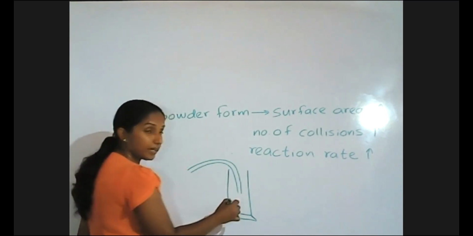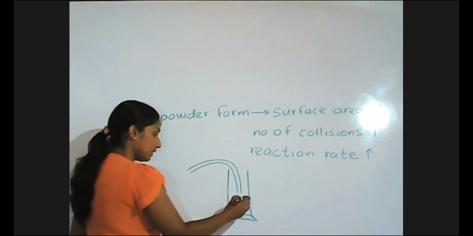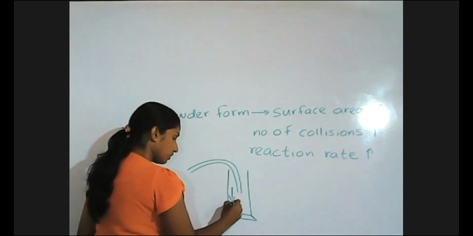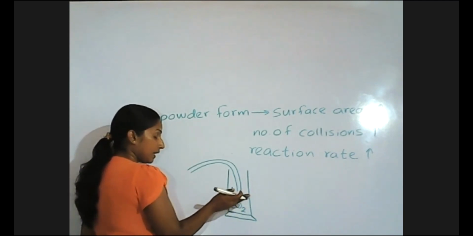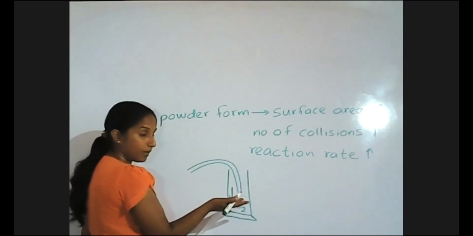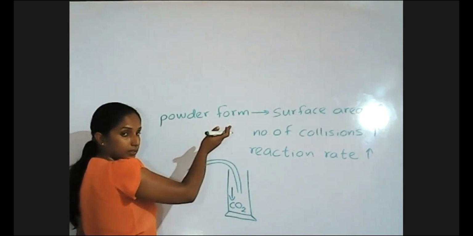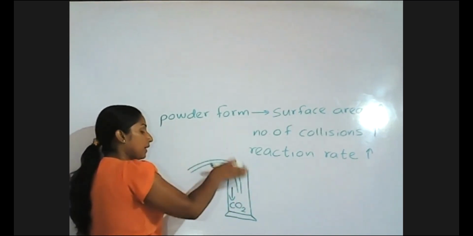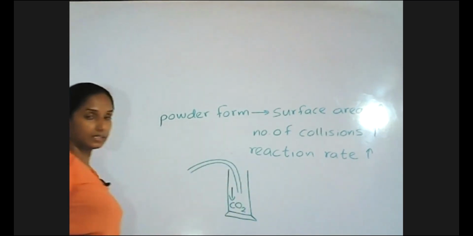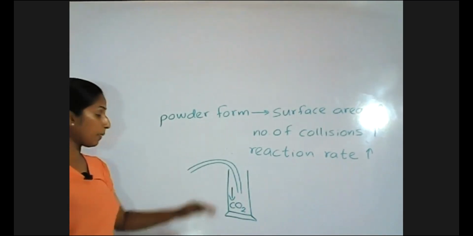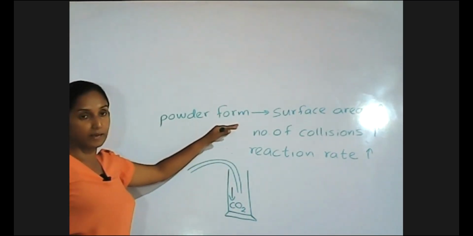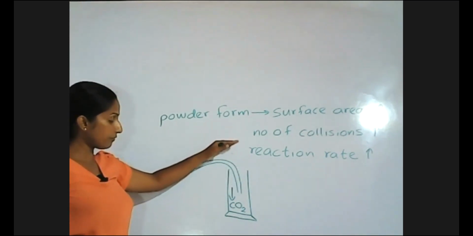As carbon dioxide is denser, it goes down. Carbon dioxide fills here, and the normal air goes up. Normal air goes up and carbon dioxide is collected here. That is why we name that method upward displacement of air.